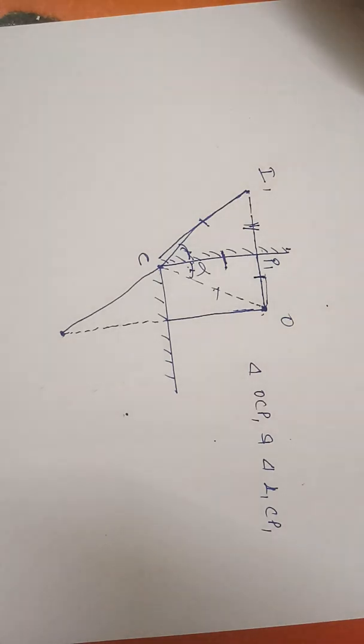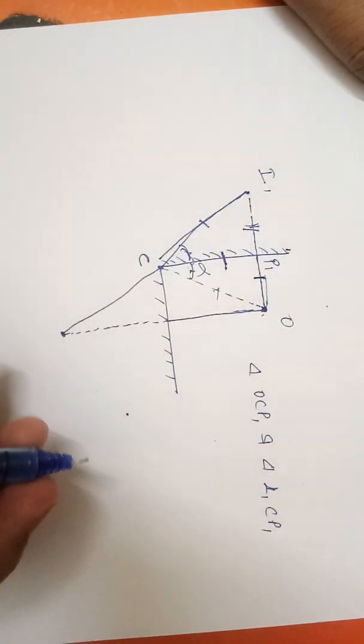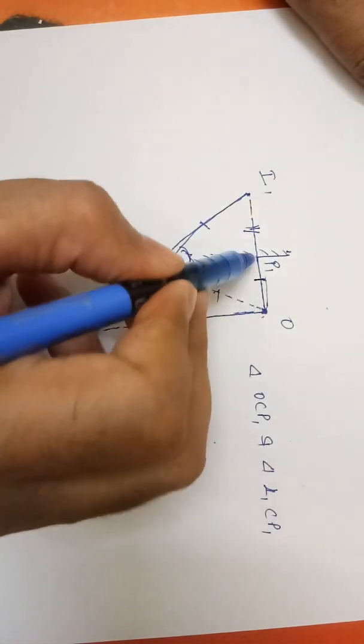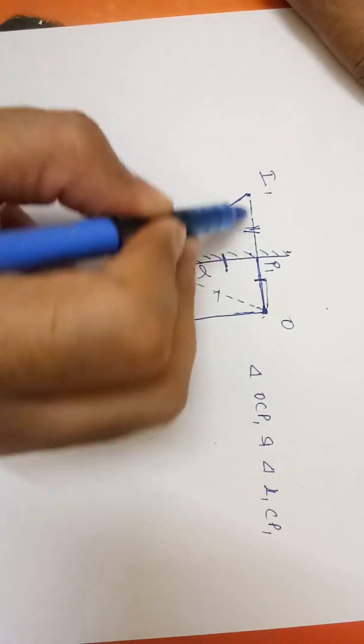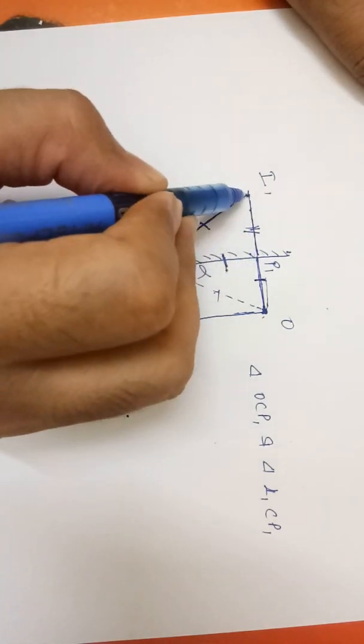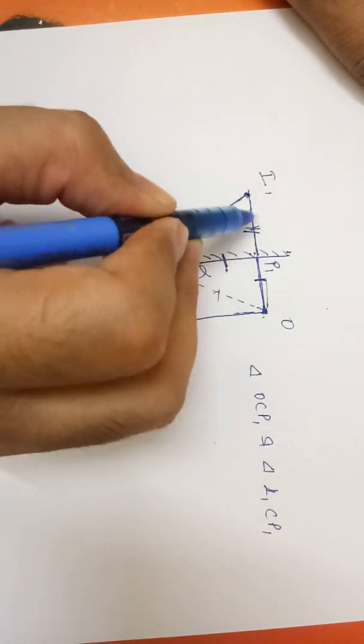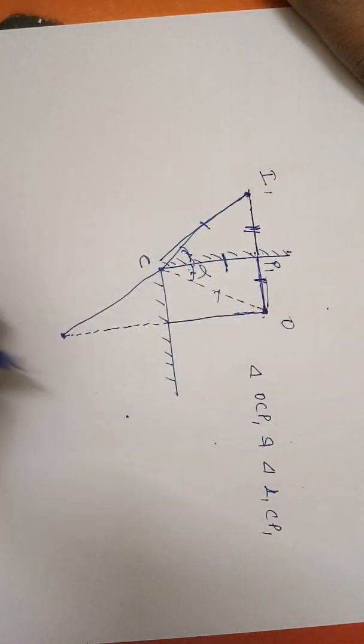I'm trying again, so maybe if you are not getting, then I'm telling you. See, this is the distance of the object from the mirror. So this will be the distance of the image from the mirror. These two will be same from the concept.